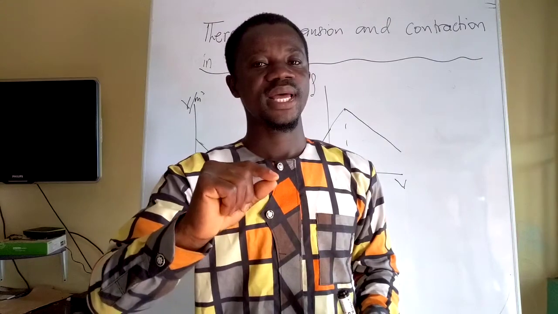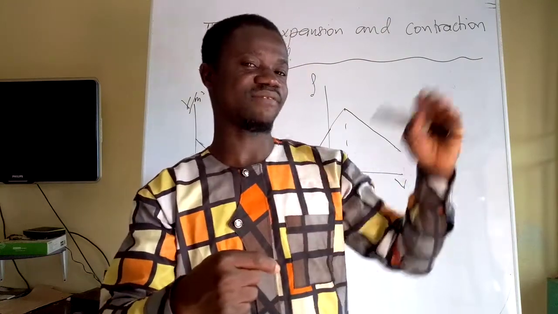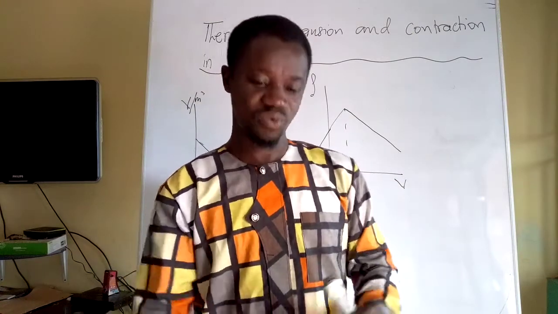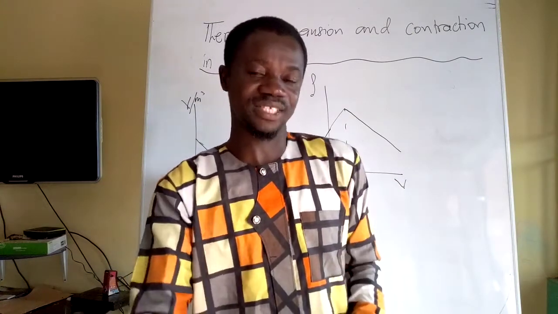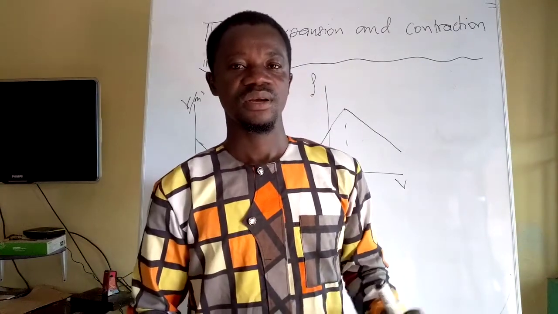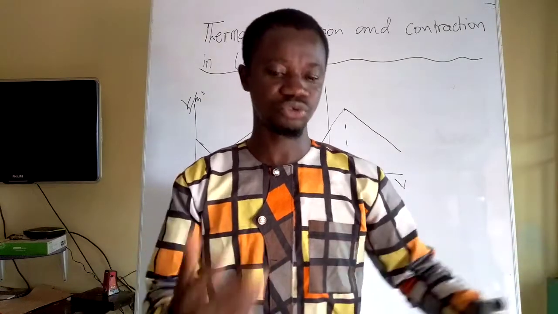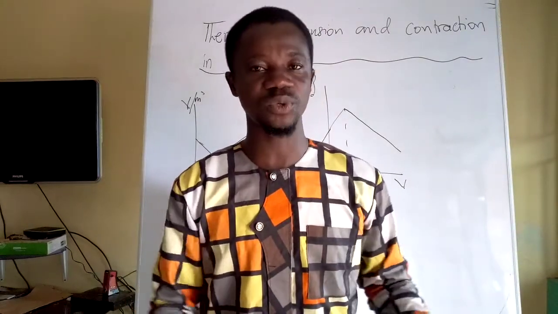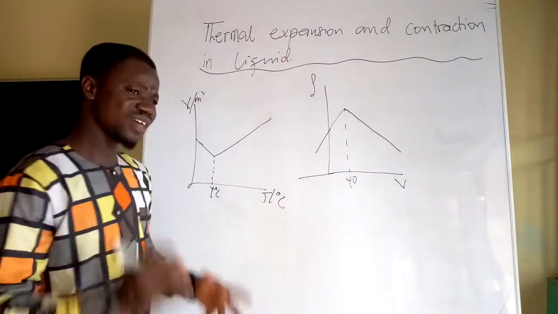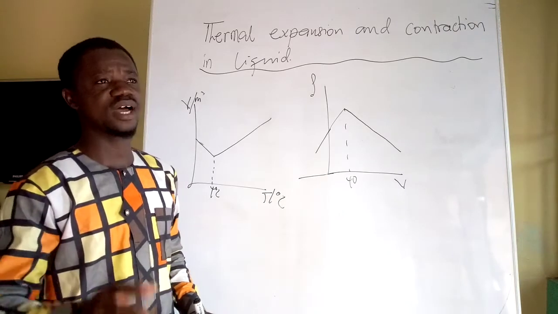So now there is no temperature exchange between the environment and the water beneath the ice. So the water beneath the ice still stays as water for aquatic organisms to live in, whilst the top of the water is frozen. So you see it on TV that people use it for sports and stuff like that. Good. So that is one of the applications of the anomalous behavior of water.